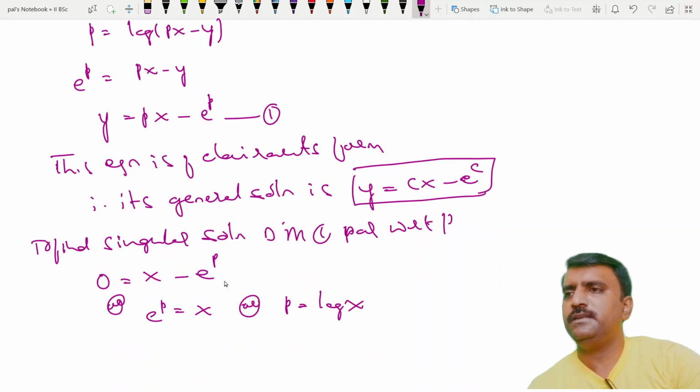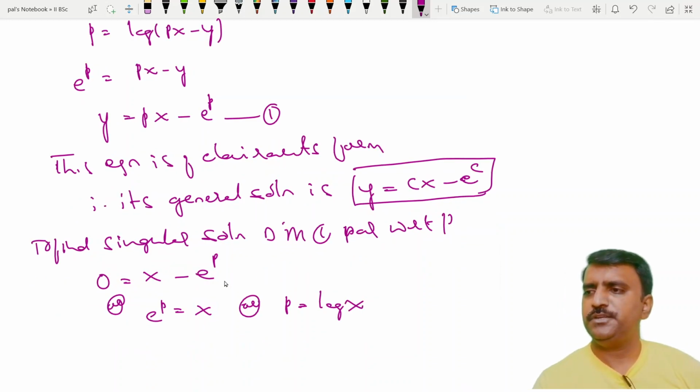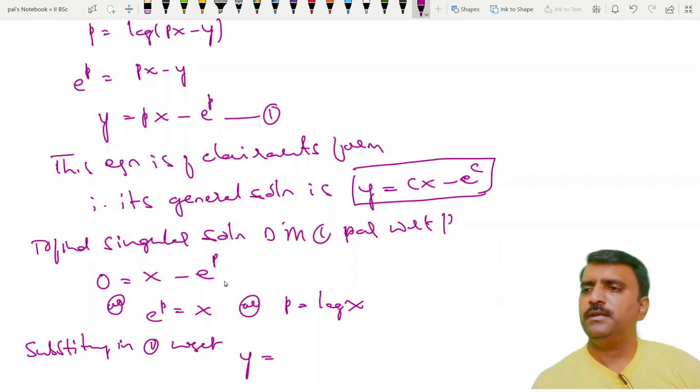Substituting this in 1, we get that y is equal to p x minus e to the p. What is p here? P is log x. So it is y is equal to x log x minus x, which is the singular solution.